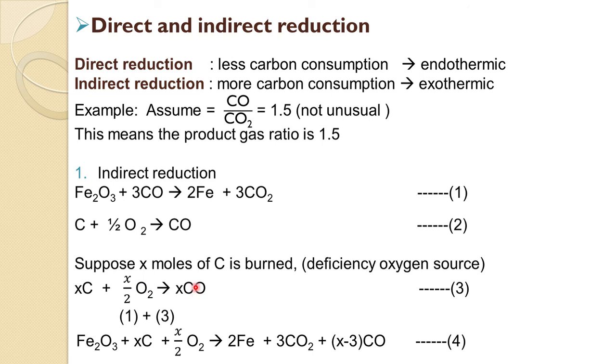and if you combine this reaction, what you get is Fe2O3 plus x/2 O2 equal to 2 Fe plus 3 CO2 plus (x minus 3) CO. Adding them up, this is the total reaction by which you will get the iron.